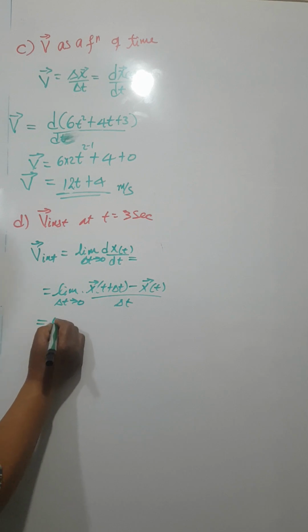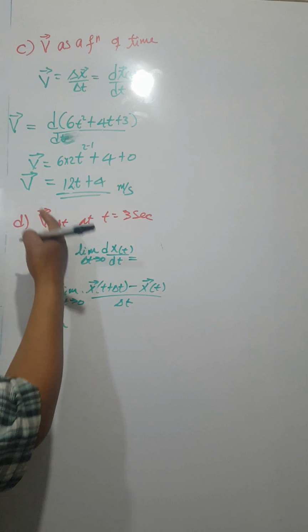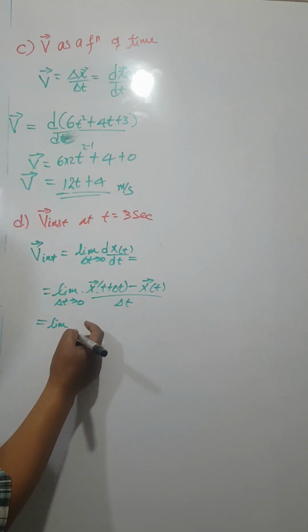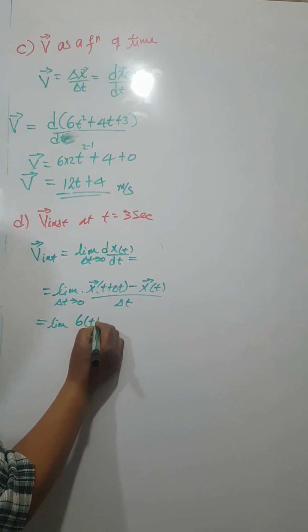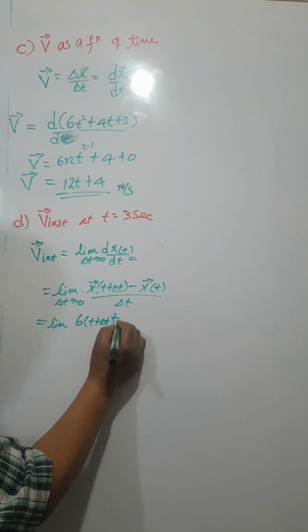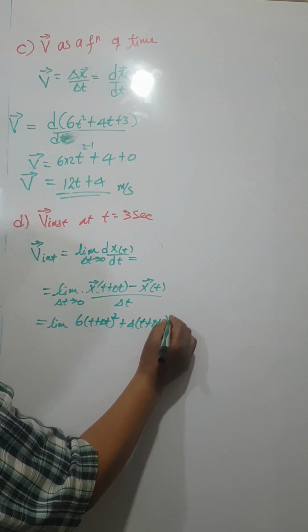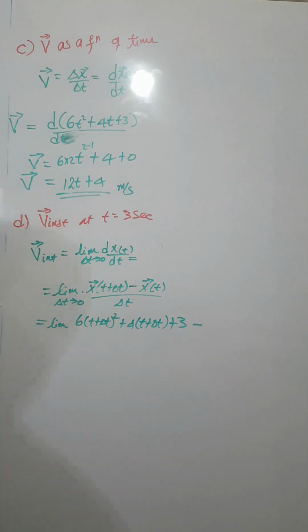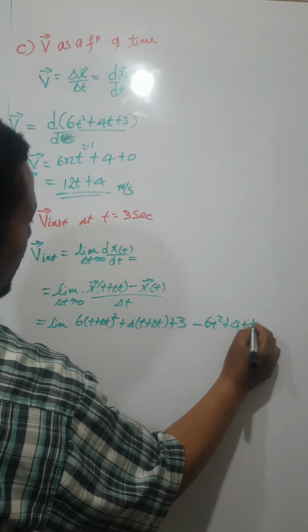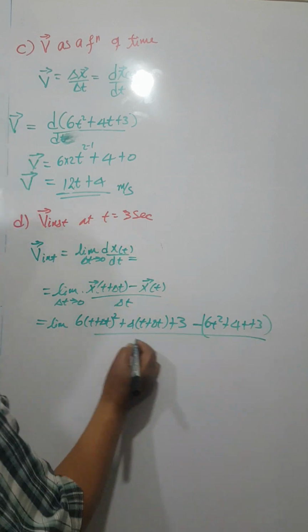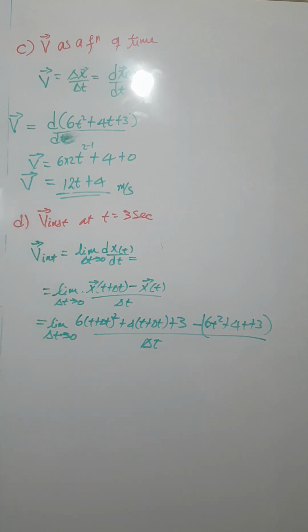This is equal to the limit of, instead of t we put t plus change in t, so 6 times (t plus change in t) squared plus 4 times (t plus change in t) plus 3, minus 6t squared plus 4t plus 3, divided by change in t as change in t approaches 0.